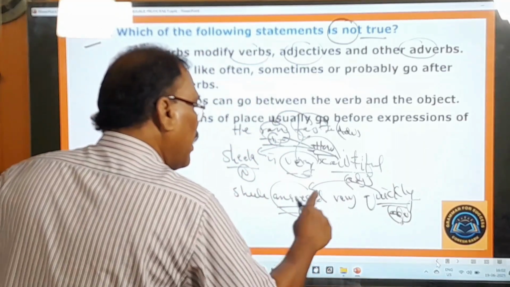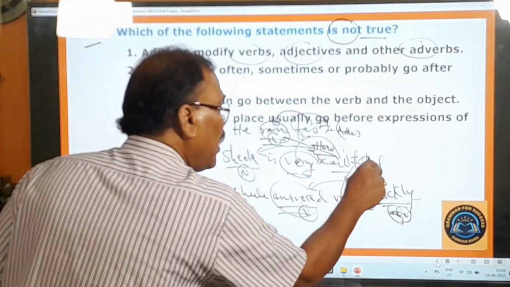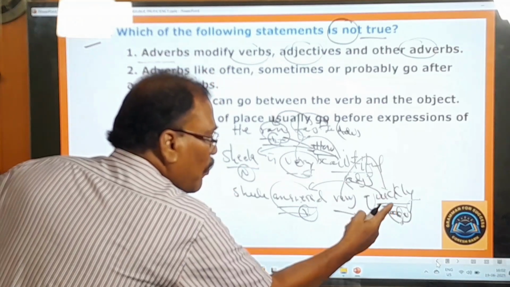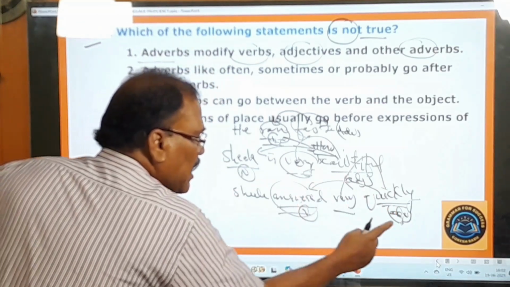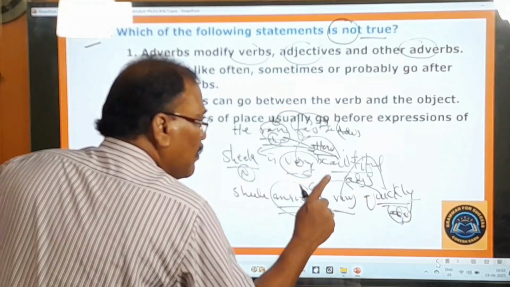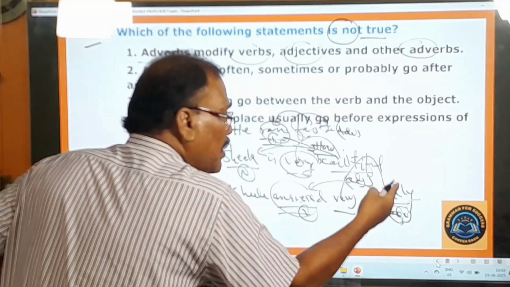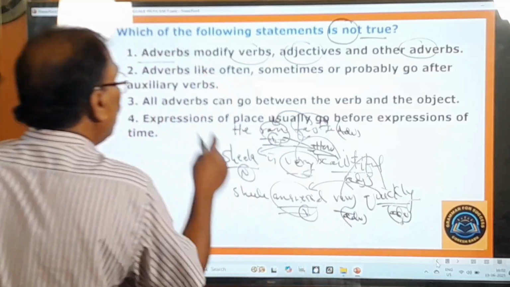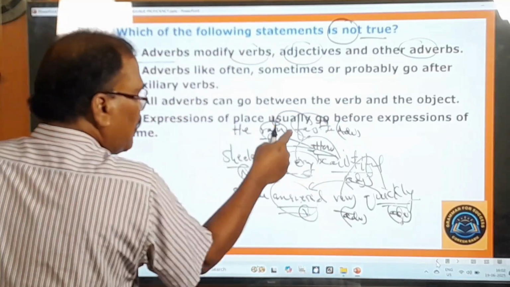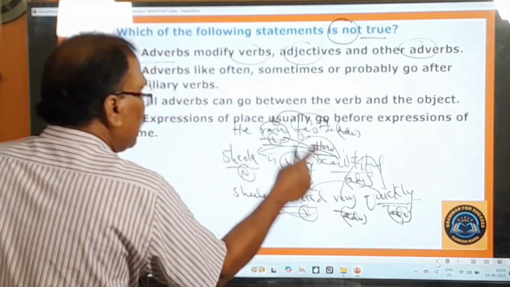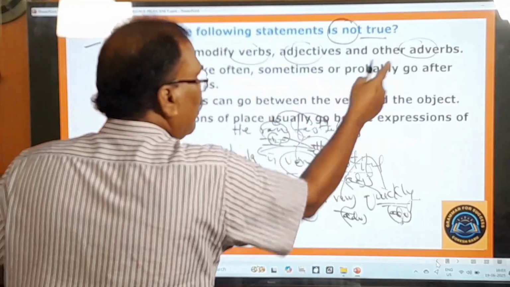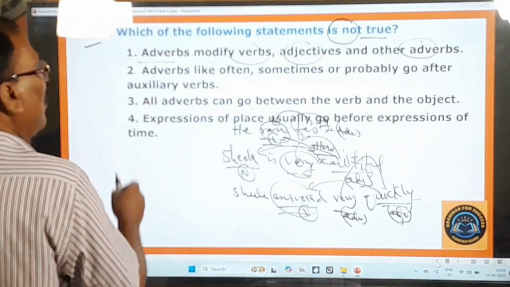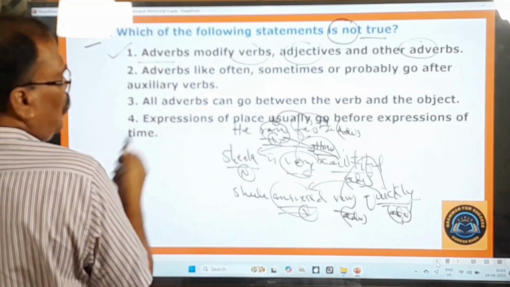And how quickly did she give the answer? Very quickly. Since this quickly is describing this verb, that is an adverb. And since this very is describing this quickly, that is called again an adverb. That means, adverbs modify verbs, adverbs modify adjectives, adverbs modify other adverbs also. So therefore, this is absolutely right. You know that very well.